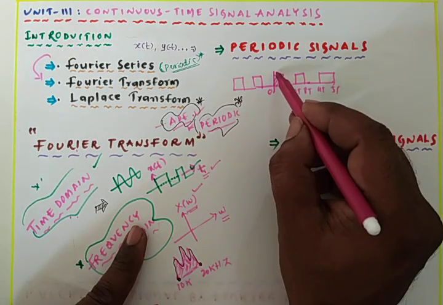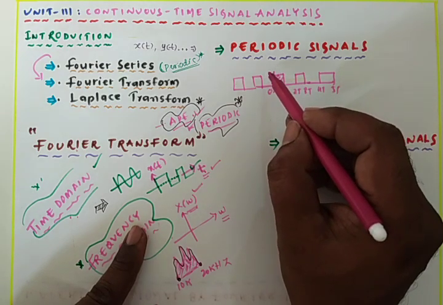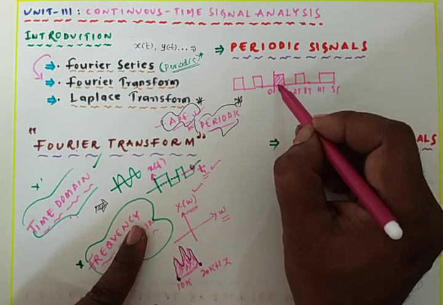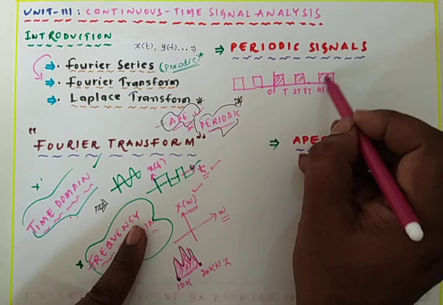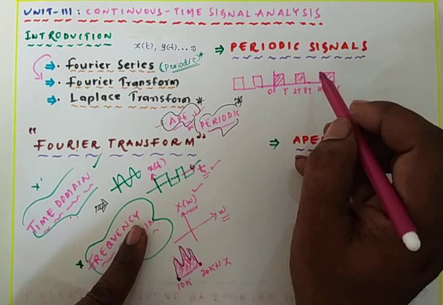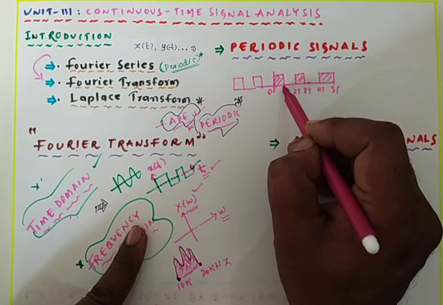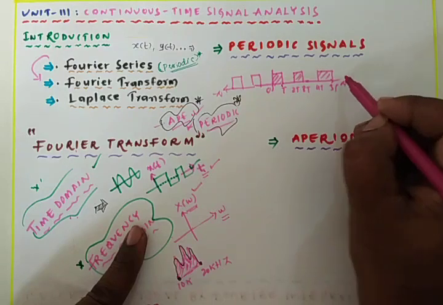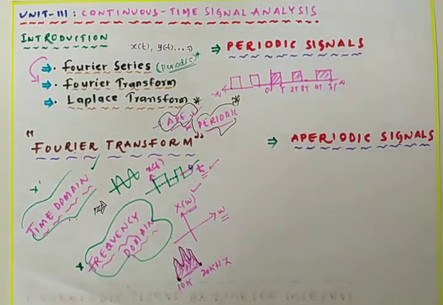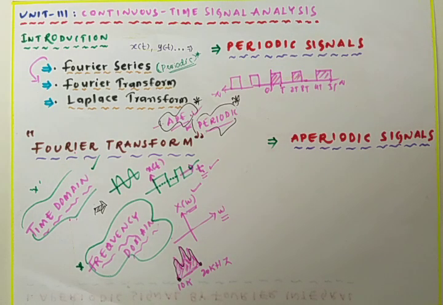It has one definite pattern, and this definite pattern repeats itself at a regular time interval T, from minus infinity to plus infinity. Then that signal is called a periodic signal.